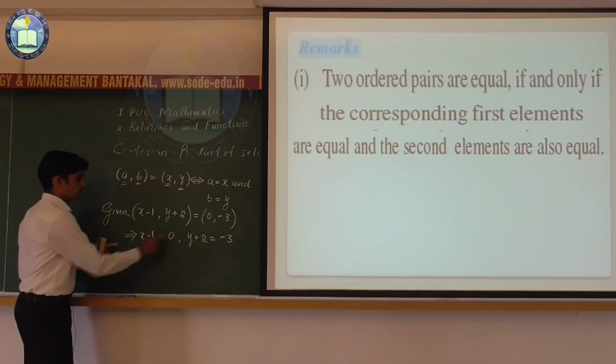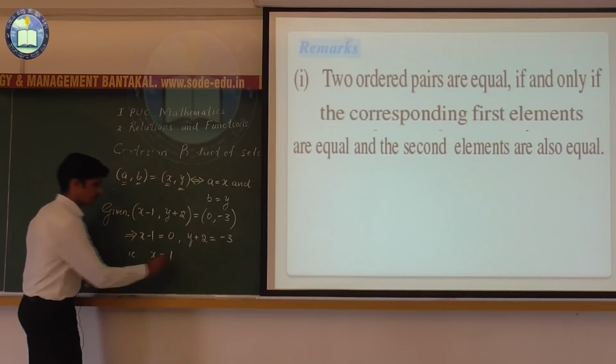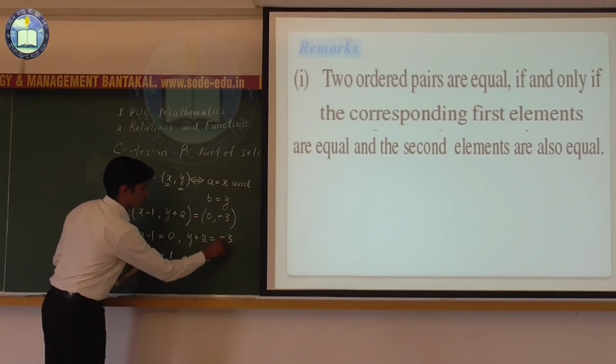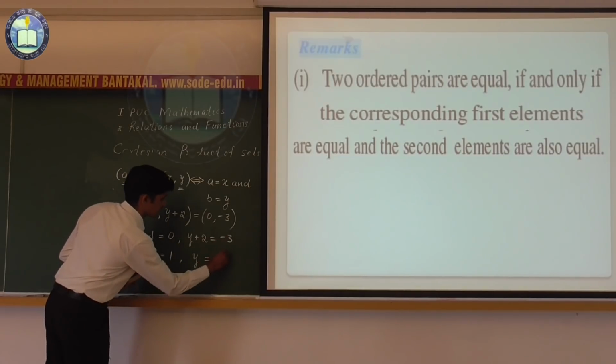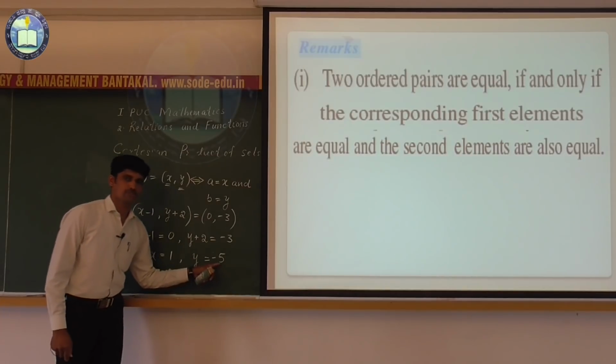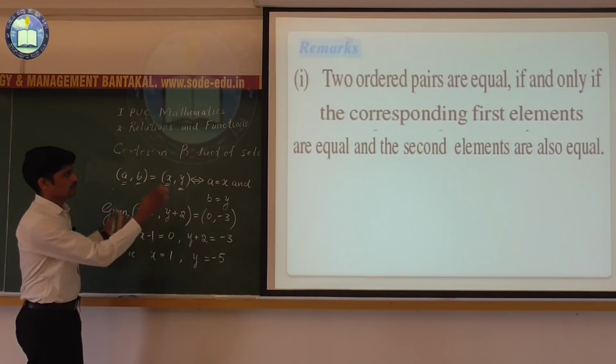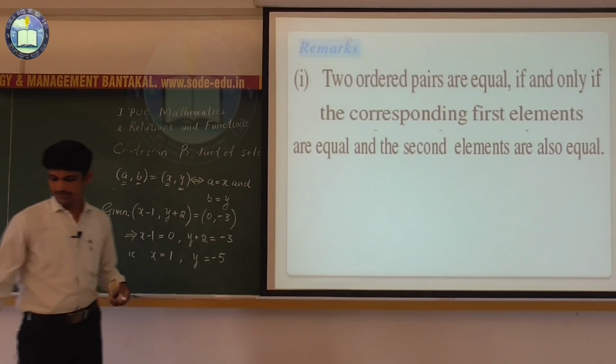Here x minus 1 equal to 0 means that x is equal to 1 and y is equal to minus 3 minus 2, that is minus 5. Therefore x is equal to 1, y is equal to minus 5 when these ordered pairs are equal. This is what remark 1 says.